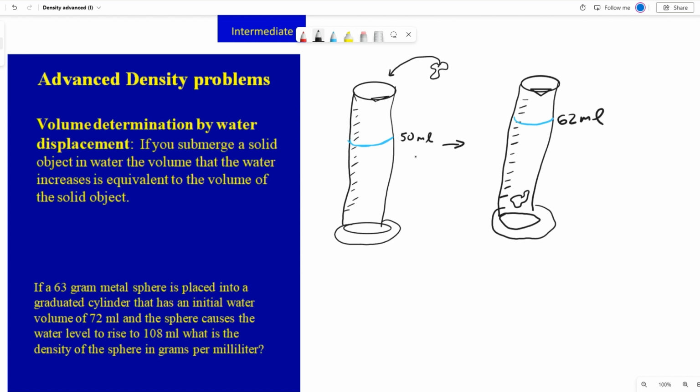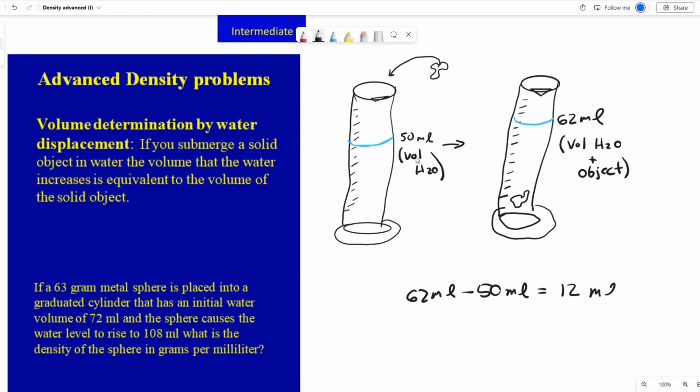Well, 50 milliliters is the volume of the water, and 62 milliliters is the volume of the water plus the object. So if you want to find the volume of just the object, take the 62 milliliters and subtract the 50 milliliters, and the volume of the solid object would then be 12 milliliters.